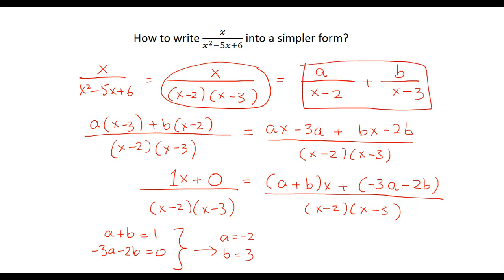I don't have much space, so I just put that x over x squared minus 5x plus 6 can be written in the form of minus 2 over x minus 2 plus 3 over x minus 3.